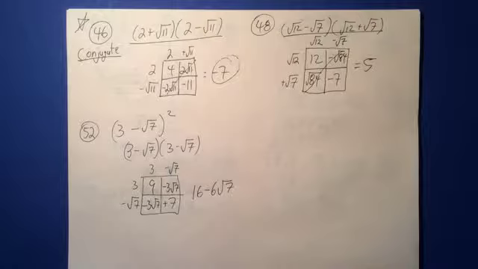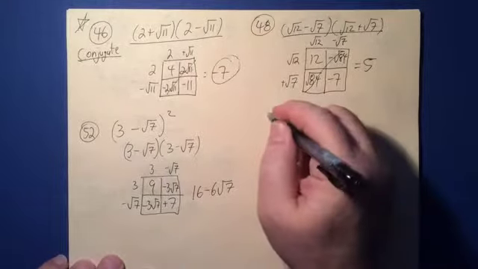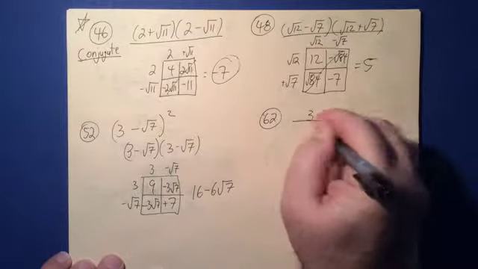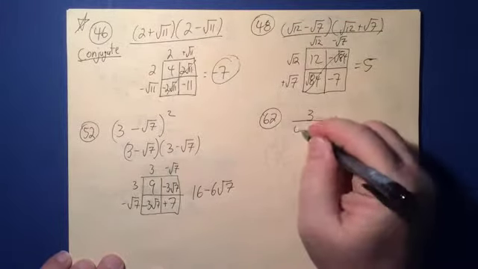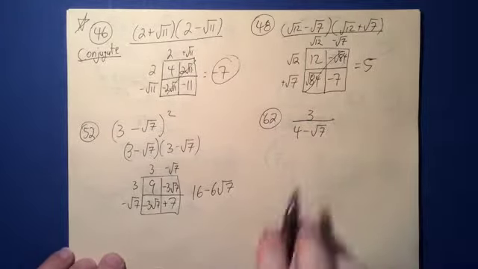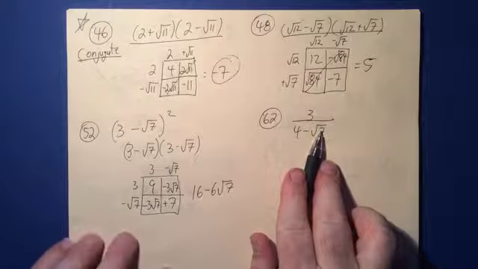So the last type of question we're going to look at in this section and further investigate is when we're asked to rationalize a binomial denominator that contains a radical. Let's just take a look at an example in question 62. So here we have the quantity of 3 over 4 minus radical 7. So what we're going to do to get rid of the radical down here is use the conjugate.